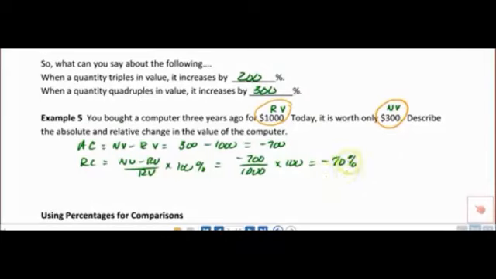So we would interpret that value as a decrease in value by 70%. So you will get negative values, but we interpret those negative values as a decrease.